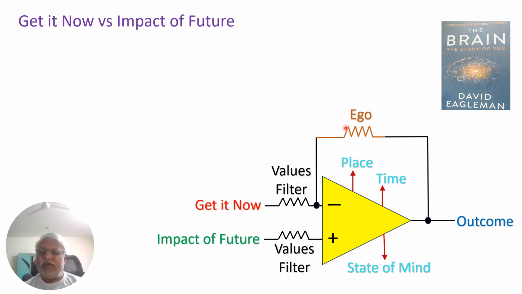And ego here can be a healthy ego or an unhealthy ego. If, based on your state of mind, you are craving immediate satisfactions and are not bothered about the impact on the future, then it will lead to unhealthy ego, and this dopamine which is coming back will increase the unhealthy ego. We will discuss more in the coming slides.